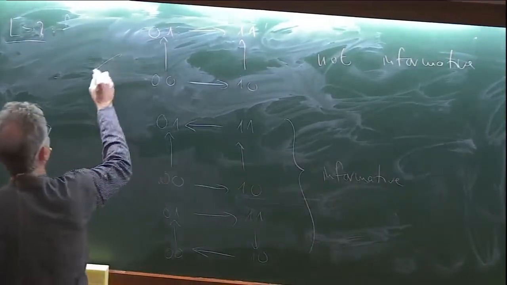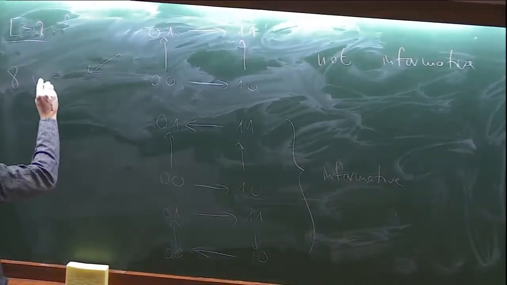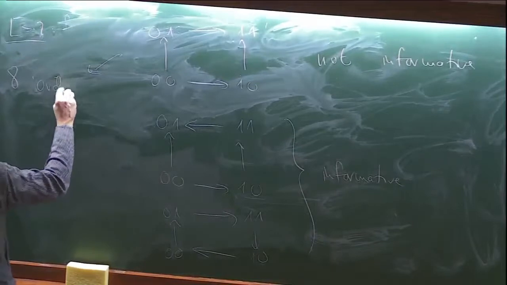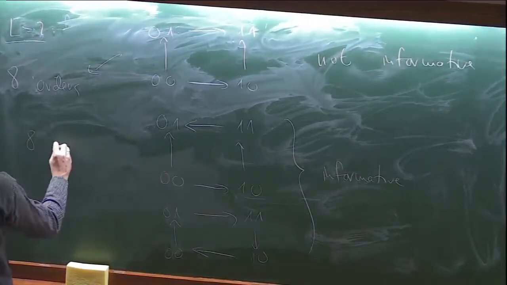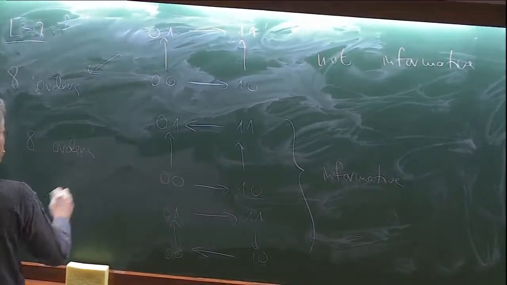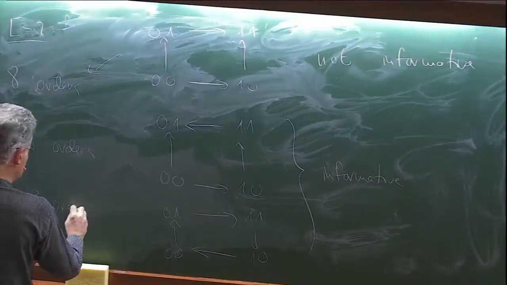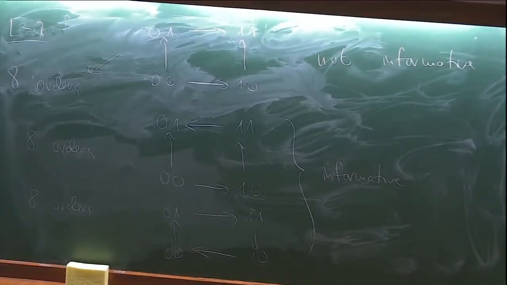So this one has 8 rank orders, this one has 8, and this one has 8, making altogether 24. And so this means that in this case, 2/3 of all rank orders contain information about epistasis, right?